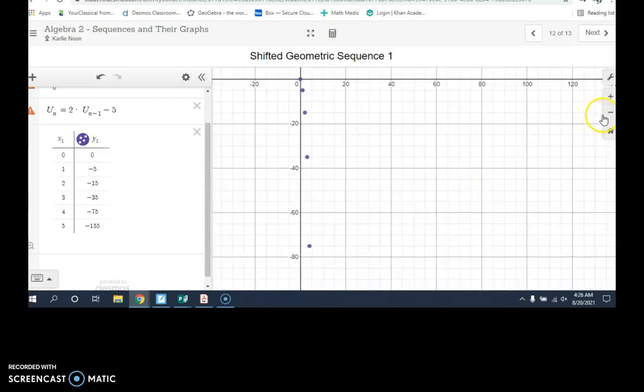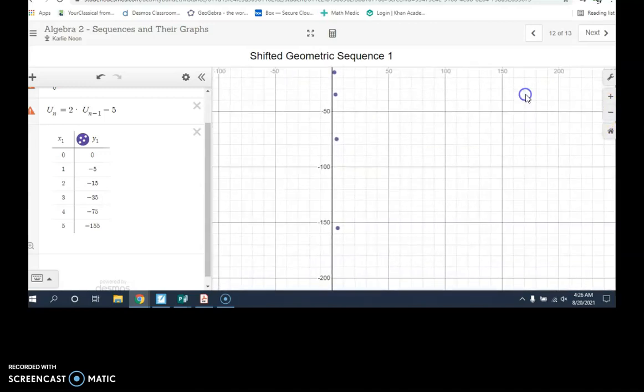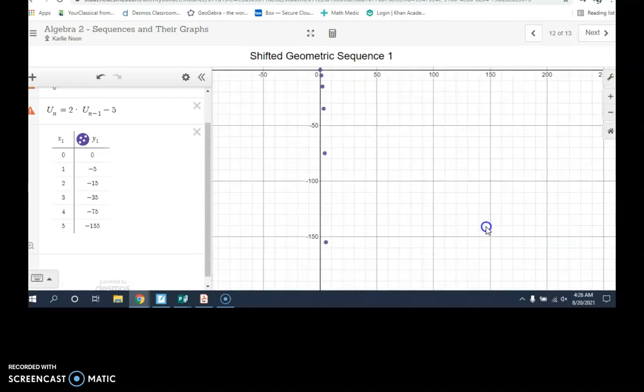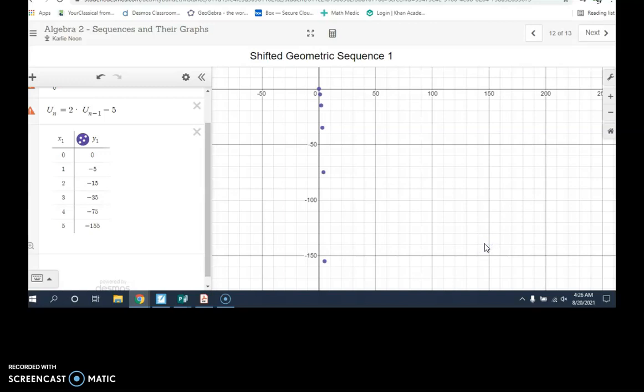You'll notice that in this particular one, the points are getting further apart instead of closer together. Because the answers are getting further and further apart, this graph is just going to continue to get larger and larger. As x increases, this graph is just going to continue to go down faster and faster, so there's not going to be a place where it levels off.